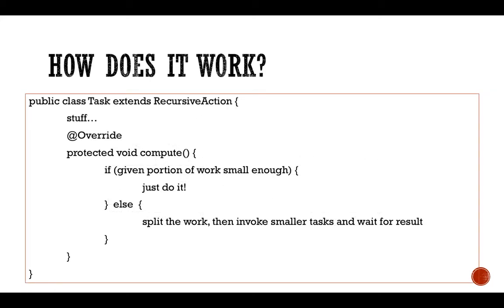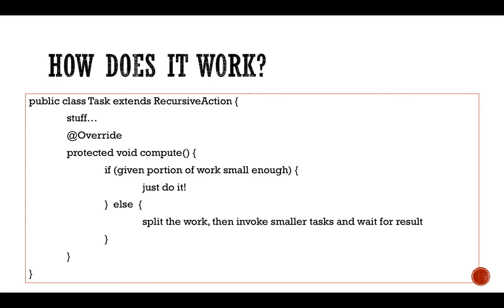On the code level, here is a piece of example code for implementing the recursive action. We are creating a class that extends recursive action, which holds some temporary variables such as thresholds, helper functions, and whatever you need for the computation.